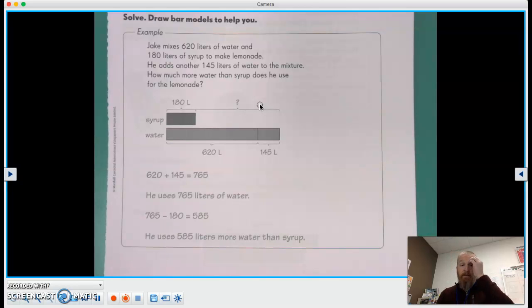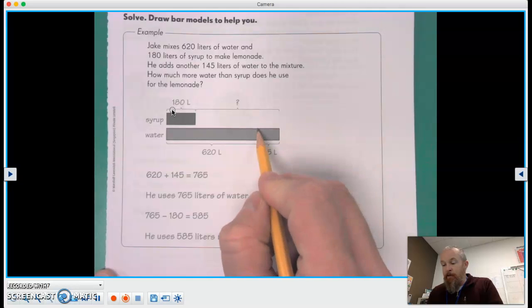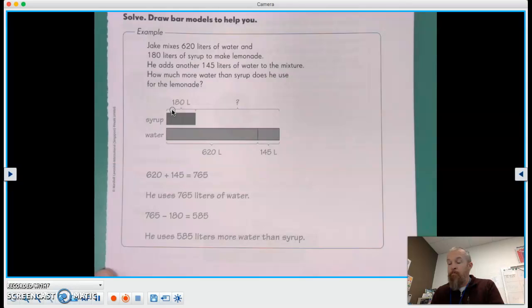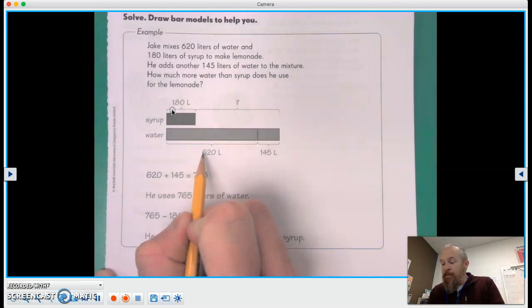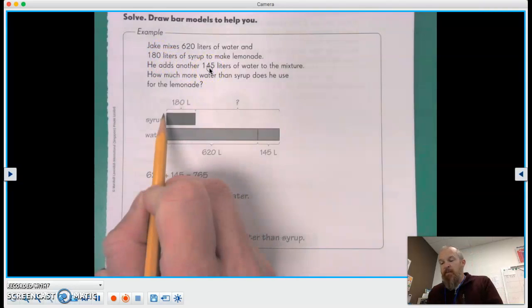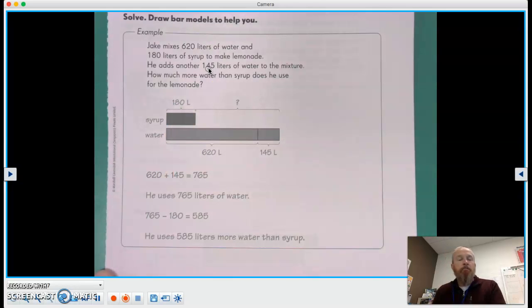So we know he started with 620 liters of water, okay? So you can see this one's pretty big and it goes to right here at first, right? So a pretty big rectangle, or bar, excuse me. And we'll label that 620 liters. And there's 180 liters of syrup. So they just made a smaller bar model for that and put 180 liters.